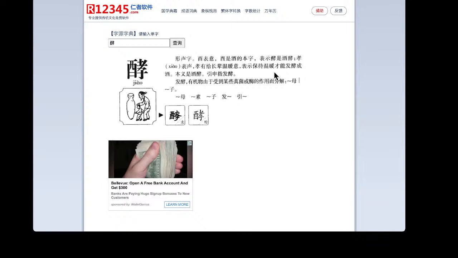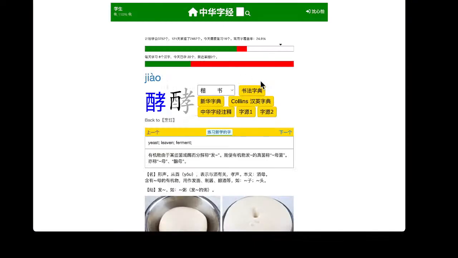Now when you brew wine, you have to treat it with respect and treat it well, and then it will come out right. If you're not careful and sloppy, you're not gonna get the result. So that's why they use this character to build this meaning.